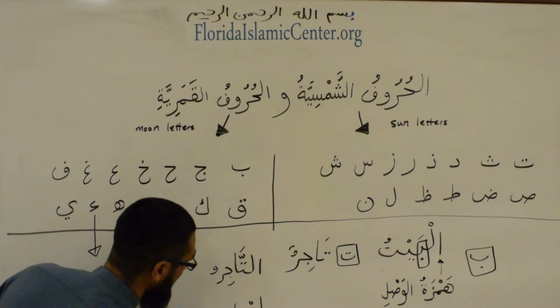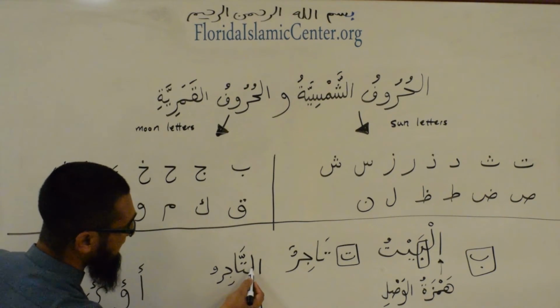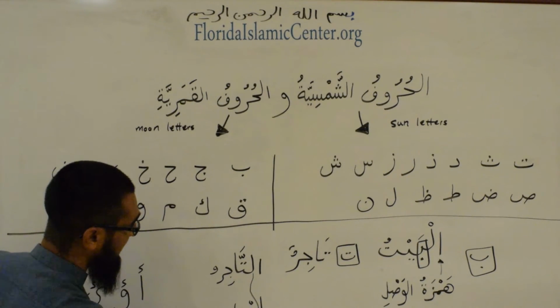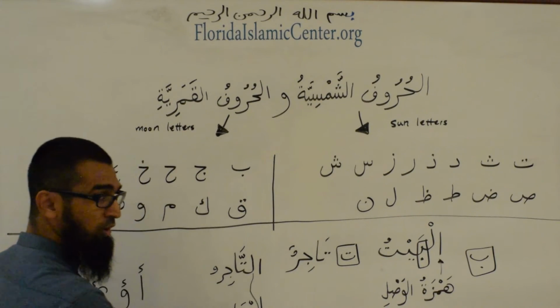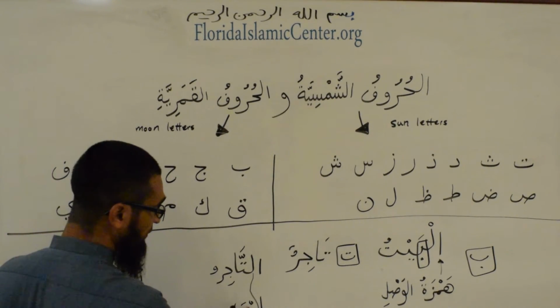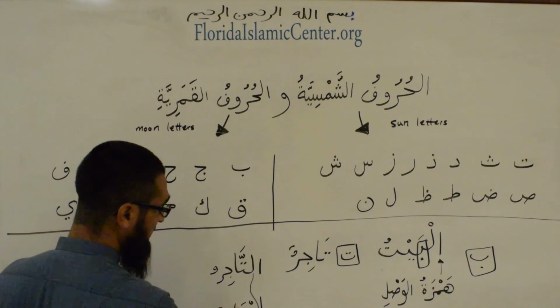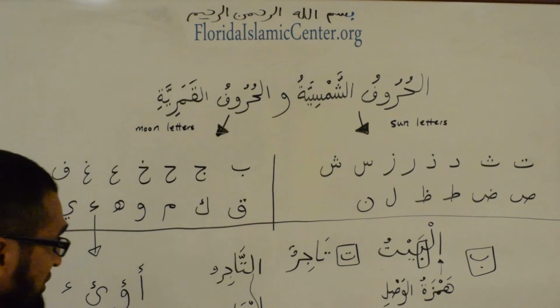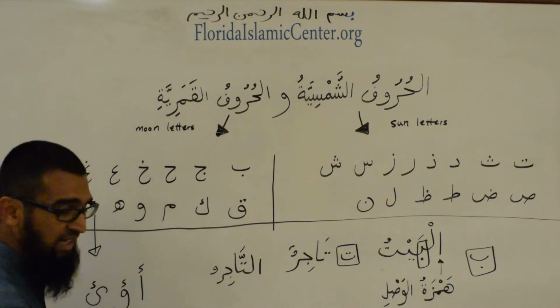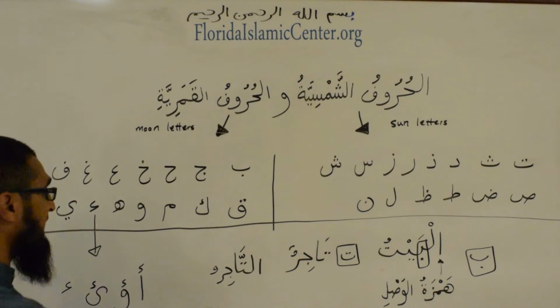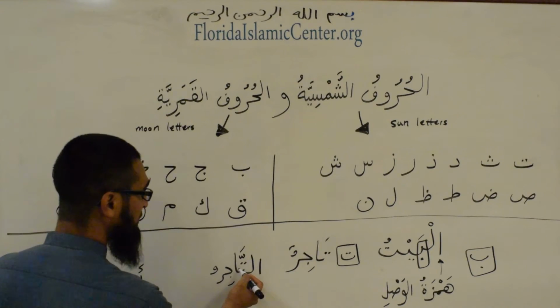So it is as though you wrote at-tajiru. This lam switched and became a ta. So two identical letters, the first one having a sukoon and the second one having a vowel, take a shadda instead, and it becomes at-tajiru.